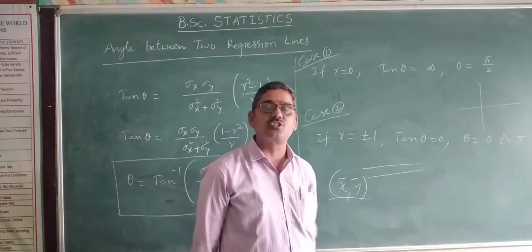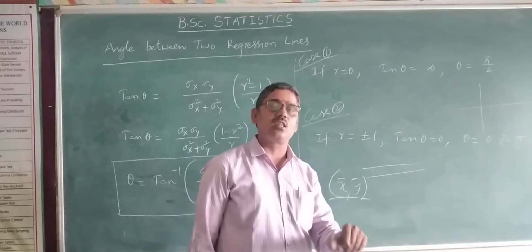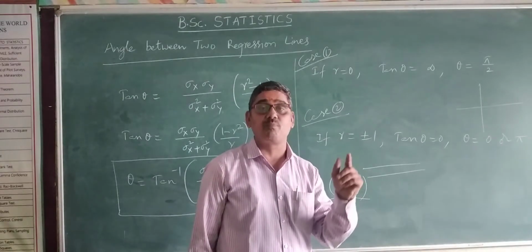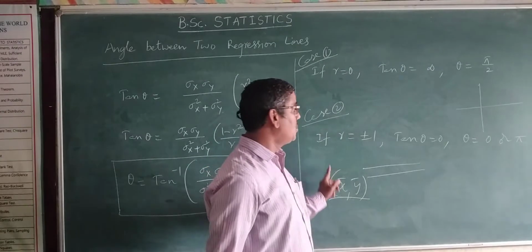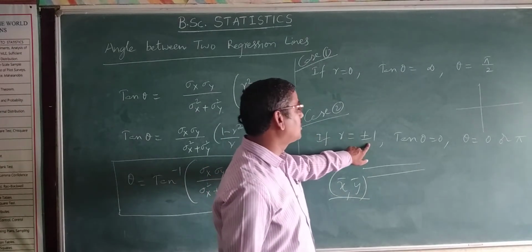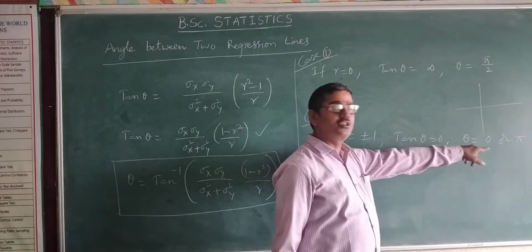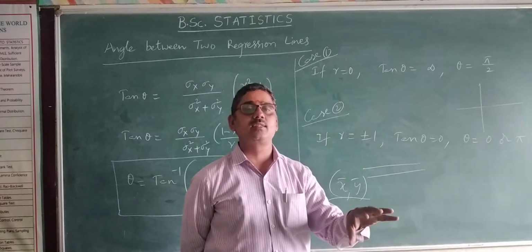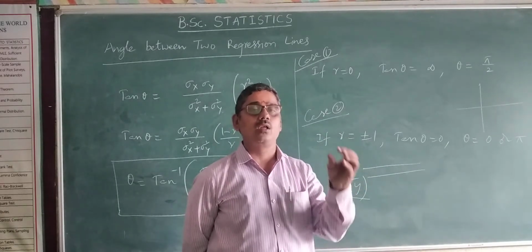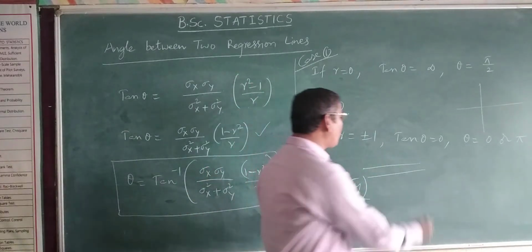It never happens. So the other option is that they coincide. The two regression lines coincide in this case. So whenever r is equal to plus or minus 1, theta is equal to 0 or pi, and in such a case the two regression lines are not parallel; they coincide.